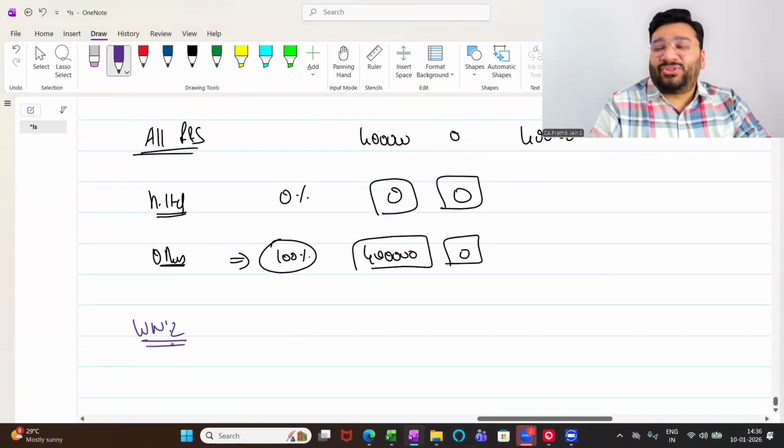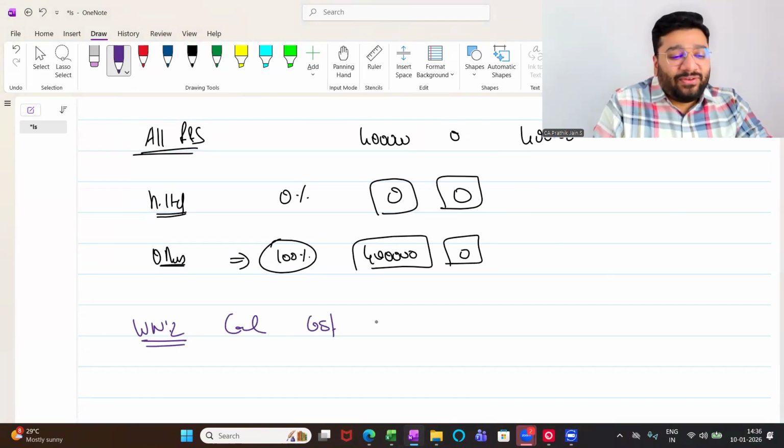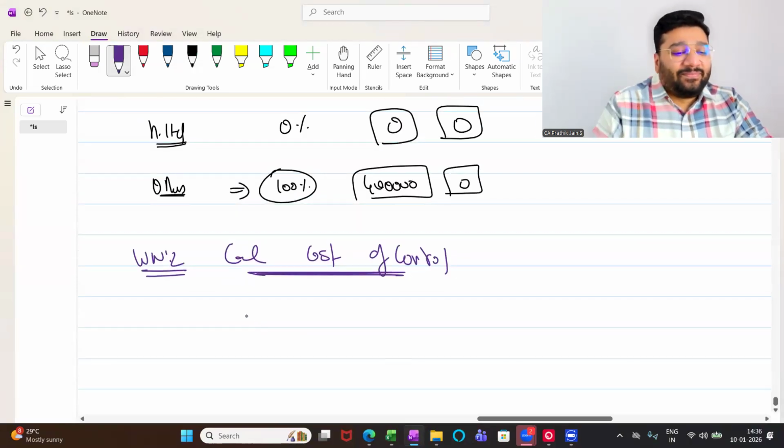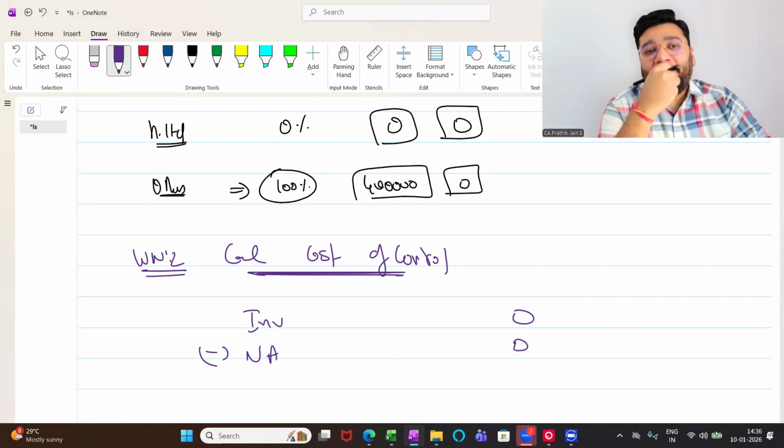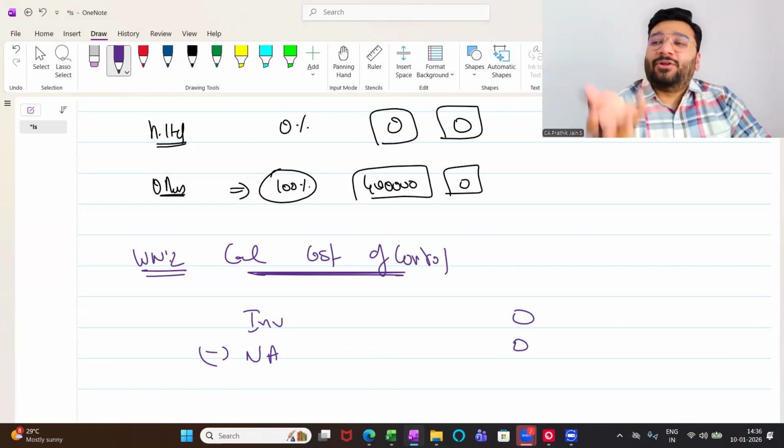Working note 2. Calculation of cost of control. Investment 0. Minus net asset. Whatever capital you take, multiply by 0%. 0 only you'll get. People are thinking what sir will multiply with.